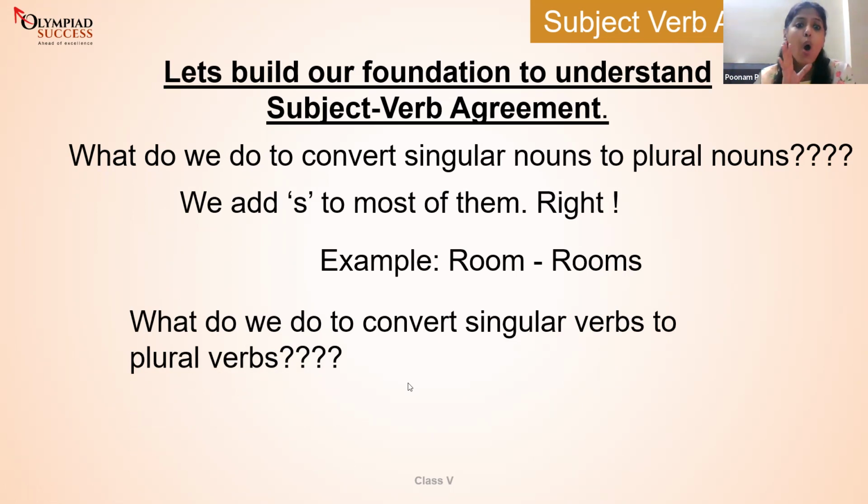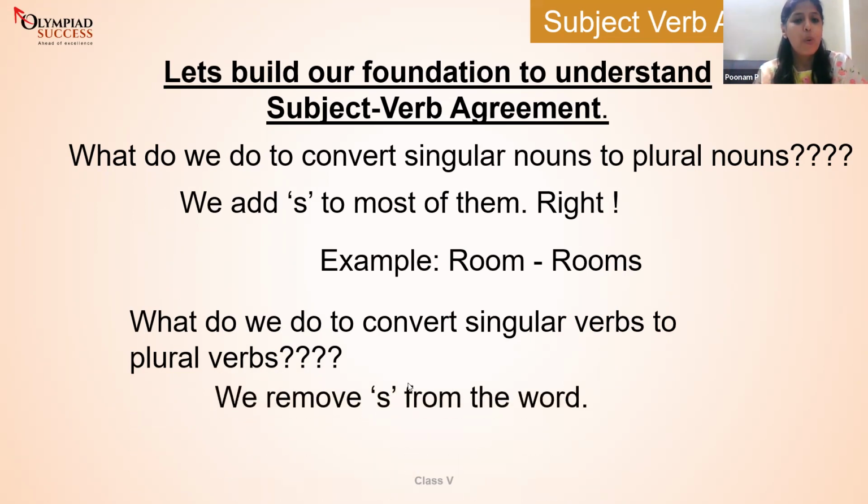Now, how do we convert singular verbs to plural verbs? Some of you might be wondering, do verbs also have singular and plural? Yes, we do have. You know what we do? We just do the reverse of it, just the opposite. We remove S from the word. So a verb with S is singular. Room is a noun without S, that is singular.